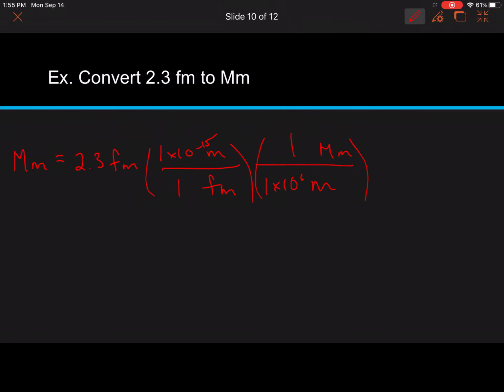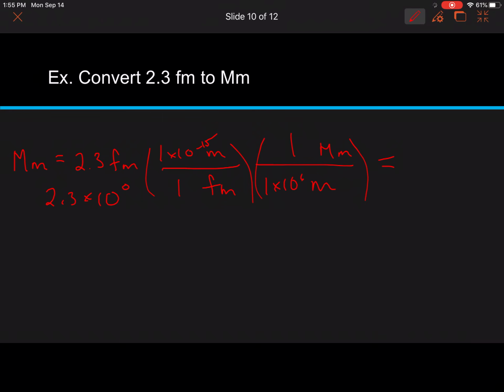So now I can just use my grade 9 math skills, because you would have done multiplying and dividing polynomials back then, or exponent laws, you would have done that in your grade 9 math course. And now we can figure this out. So I've got 2.3, now remember, this is the same thing as 2.3 times 10 to the 0, right? So 10 to the 0 times 10 to the negative 15.